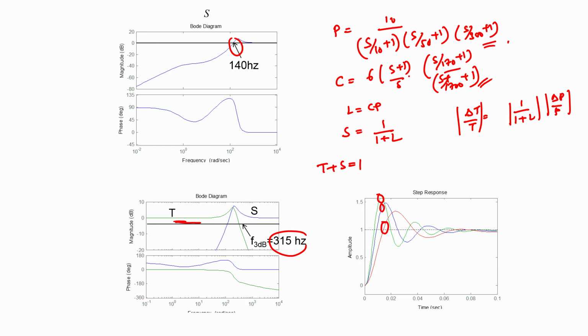So you see that when the plant's model changes a little bit, in this case its gain either increasing or decreasing by 20%, the transient response changes dramatically, going from the nominal response, the blue curve, to the green curve when the gain increases, or the red curve when the gain decreases.